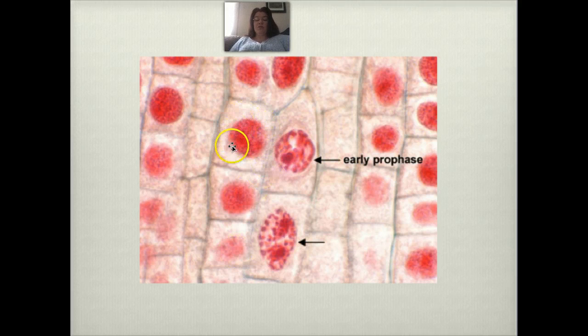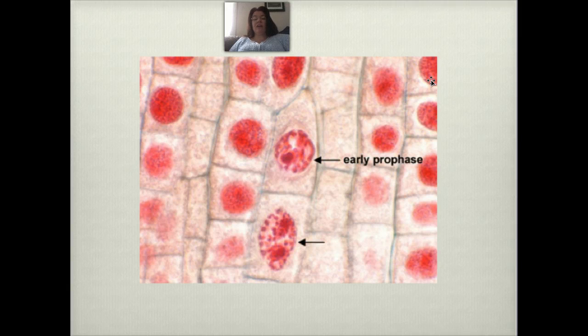Now, most of these cells have this nice sort of homogeneous red-pink circle in the center. This is the nucleus. There's a nuclear envelope around this material, and there's this homogeneous looking chromatin inside. These cells, the cells that look very homogeneous, just a nice round pink red area, these are cells that are in interphase.